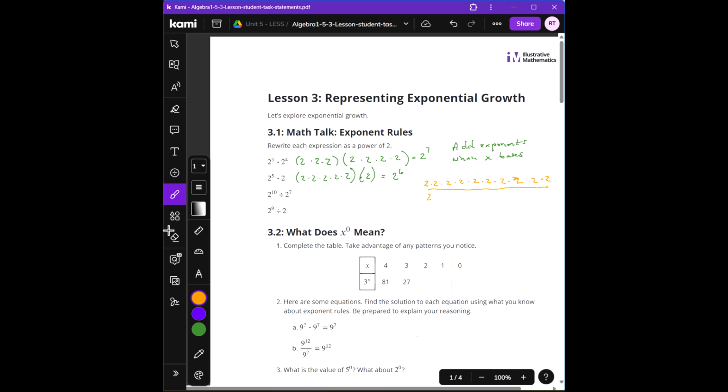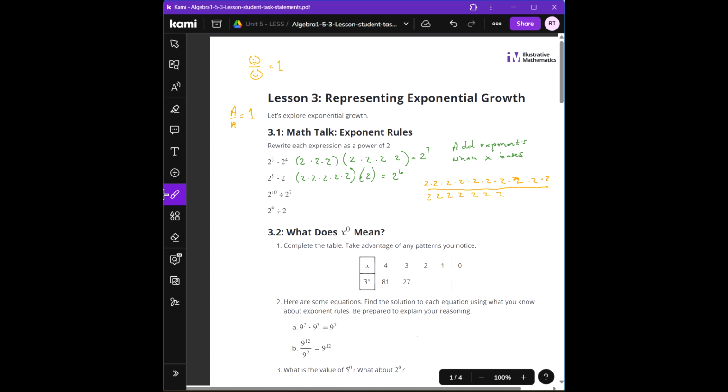Now remember, whenever we are dividing and we have something that is the same, like let's say we have a over a, what that equals is 1. If I have a smiley face divided by a smiley face, that is equal to 1.